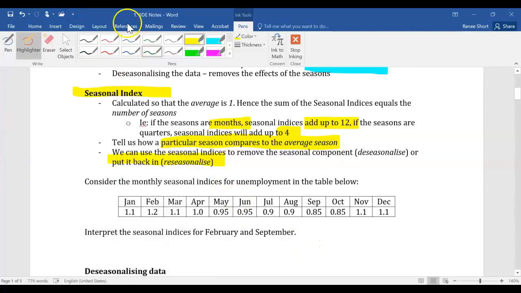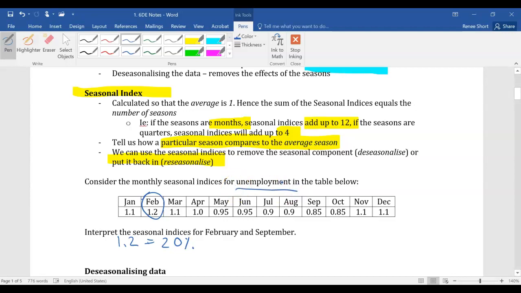Now, for us to actually say what these mean, we've got a question here to interpret the seasonal indices for February and for September. If we look here, when February is at 1.2, what that means is February has 20% more unemployment on average. So there's a 20% increase in the unemployment. This was the situation in February.